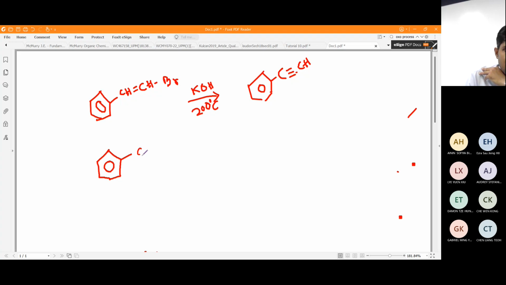C, no, it's not a double bond, it's a single bond, C, and then there are 2 phenyl groups and 2 bromine groups attached. Can you tell me the name of this molecule?